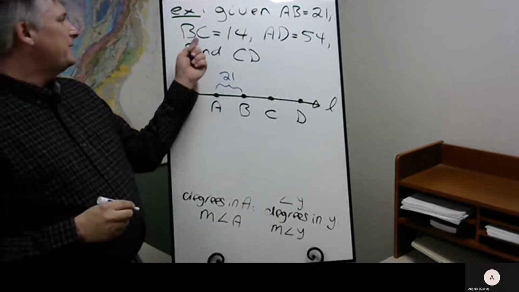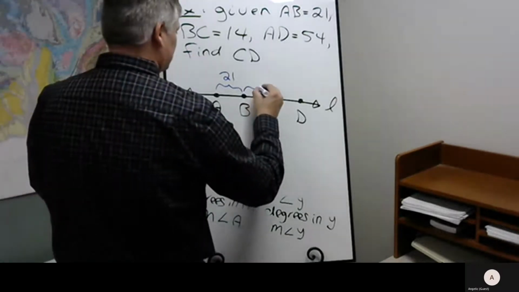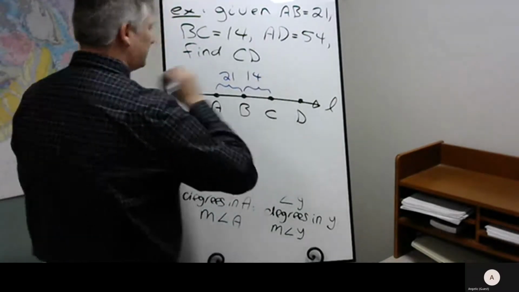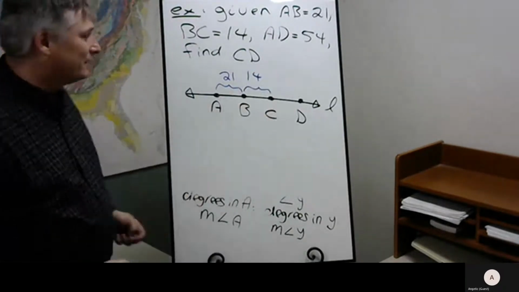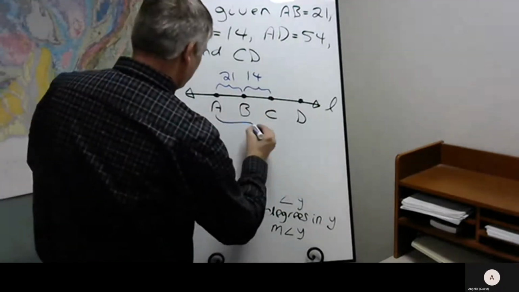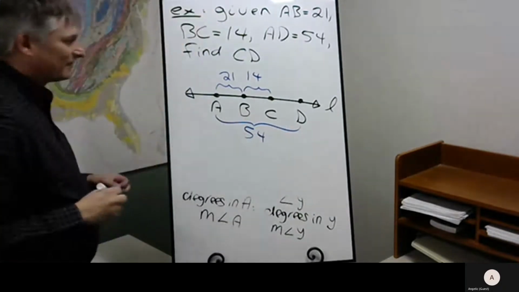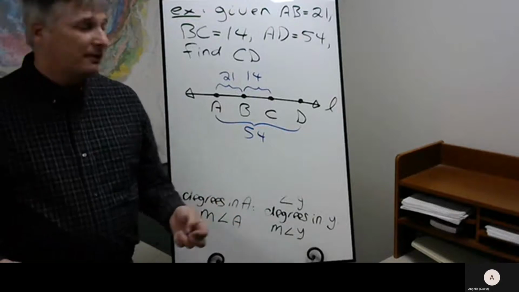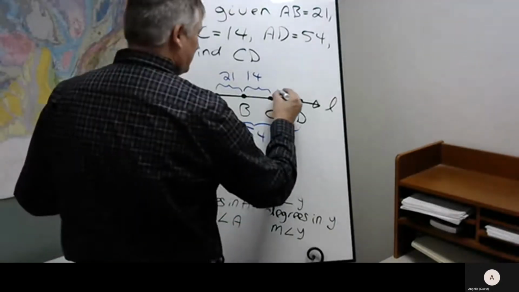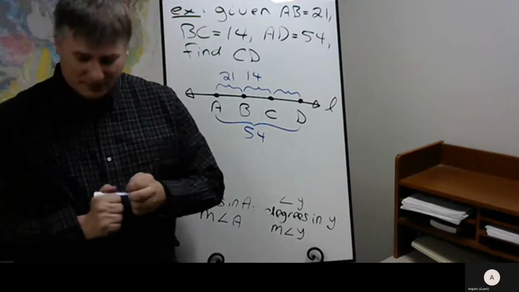Now, the distance from B to C is going to be 14. And then finally, the distance from A to D, well, that's going to be 54. They're asking for the distance from C to D. Now, here's the thing. We don't know what that distance is.